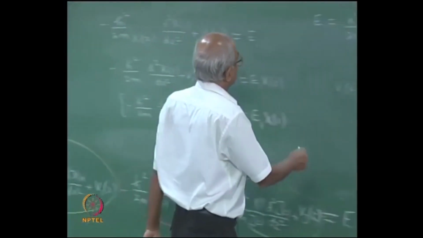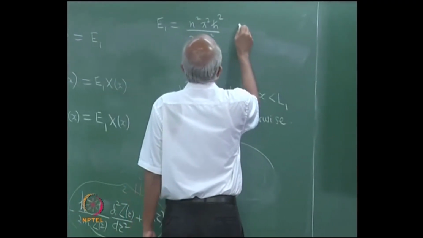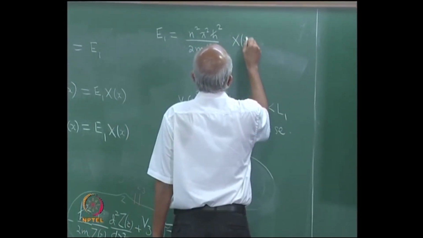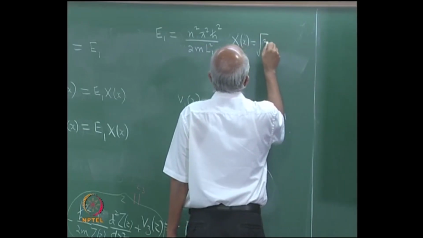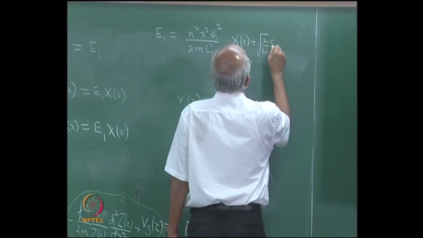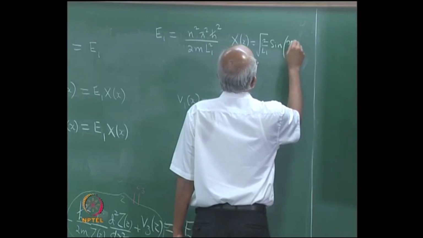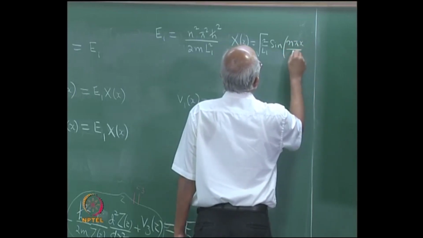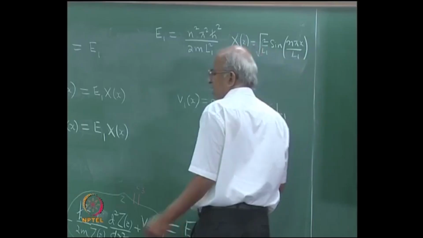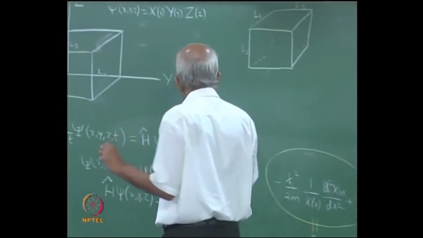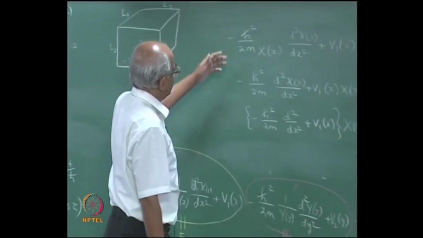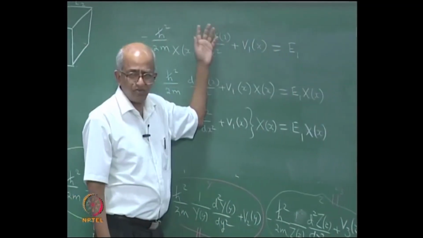And what will be the corresponding wave function capital X of x? We know that it is going to be square root of 2 by L1 sin n pi x by L1. I will change my notation a little bit, because I have solved only the first equation.